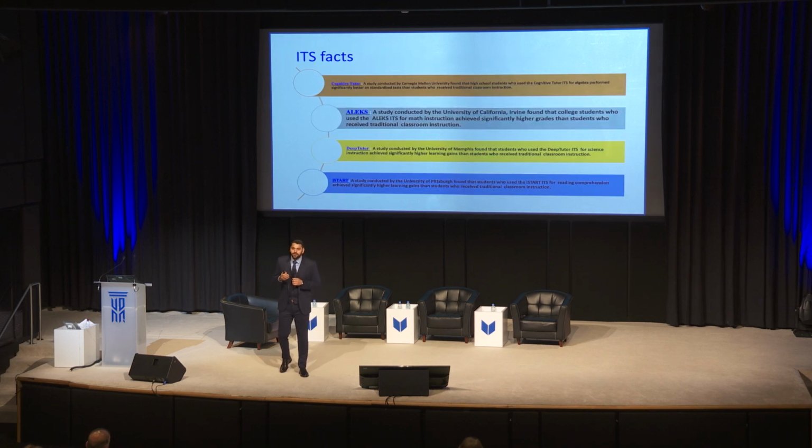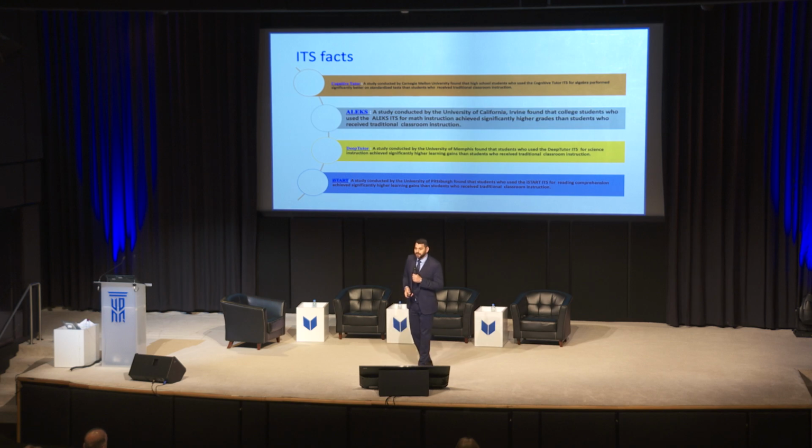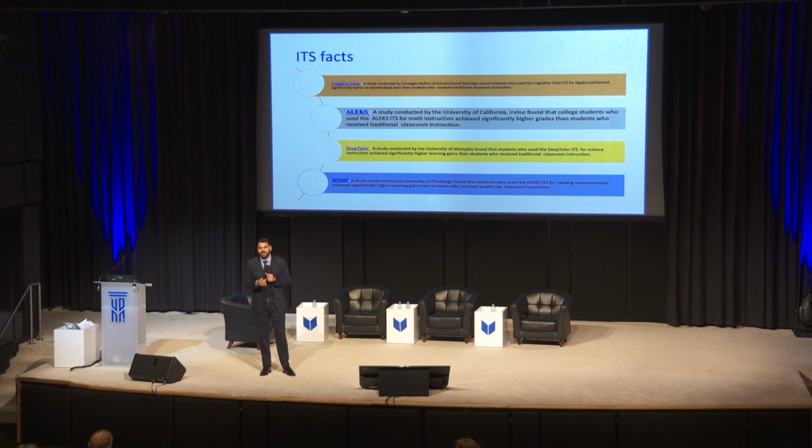Okay, in this slide, we summarize four experiments done in four US universities about four different ITS. The first is Cognitive Tutor at Carnegie Mellon University. The second is Alex at the University of California, then Deep Tutor at the University of Memphis, and iStart at the University of Pittsburgh. They have their own in-house intelligent tutoring systems, and they ran experiments on them.